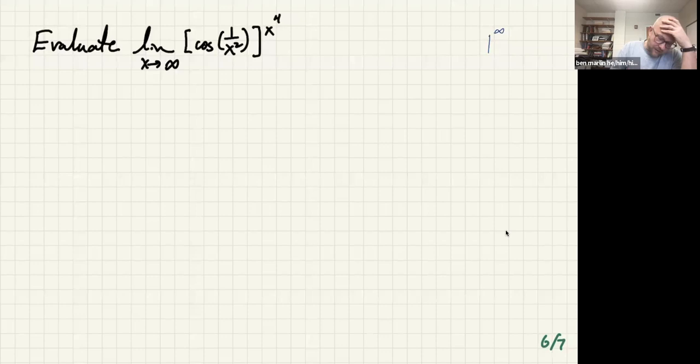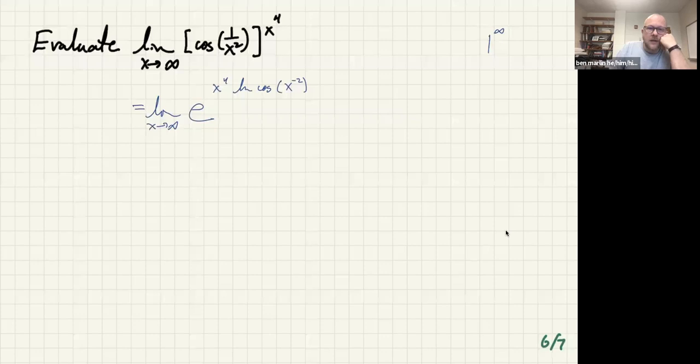So let's rewrite it as limit as x is going to infinity, e to the x to the 4th logarithm cosine 1 over x squared. That's going to be a mess to write. Let me write cosine of x to the minus 2. All right, that'll be easier just to see later.